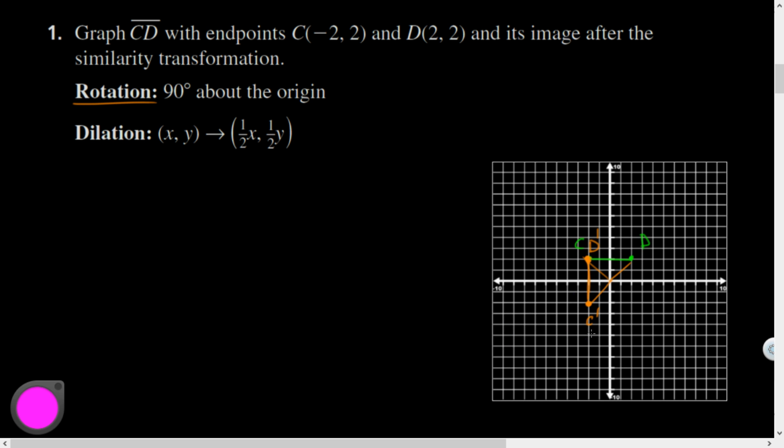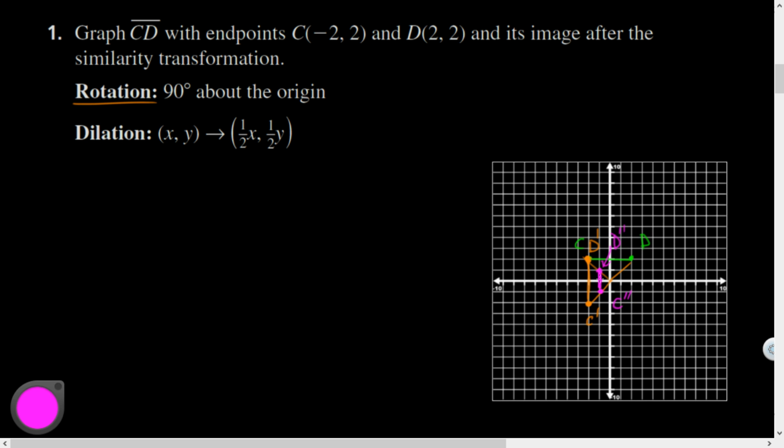Half of -2 is -1, half of -2 is -1. Notice that it's halfway to the origin from where it used to be. So there's my C double prime. Similarly for D double prime, half of -2 is -1 and half of 2 is 1. So there's my D double prime right there.